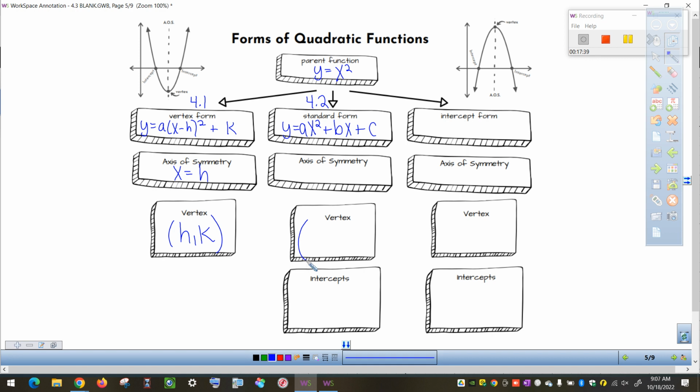To get the x value of the vertex, it was a very simple little formula, negative b over 2a. So that's what you just practiced on the homework that you did over the weekend. All right, then to get the y value, we just plug in the x value of the vertex to get the y value.